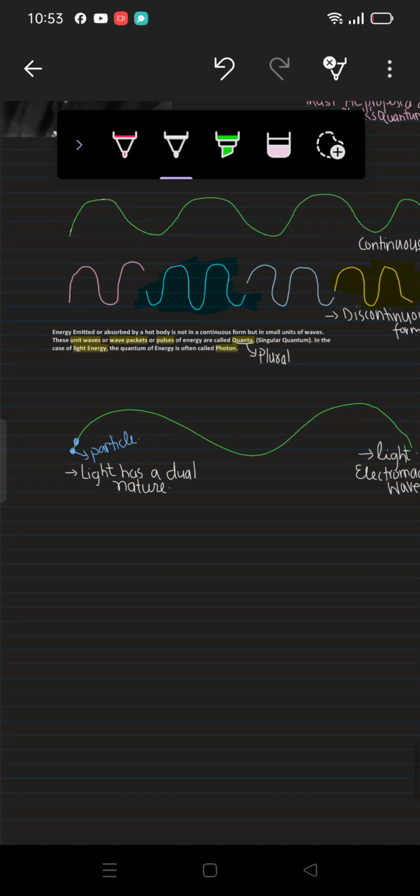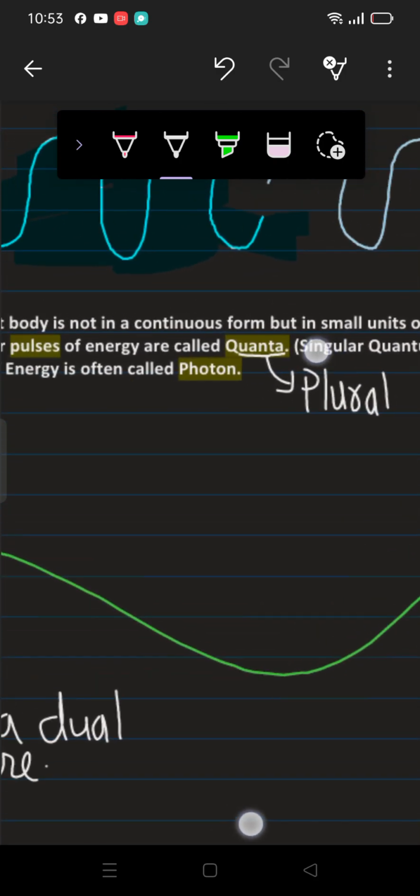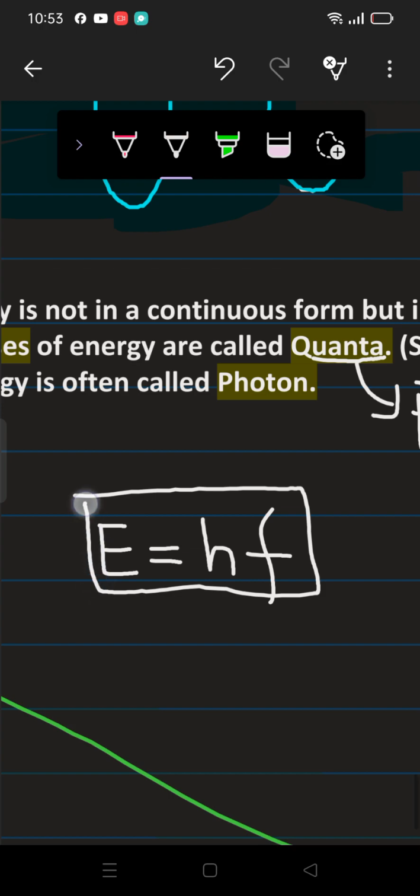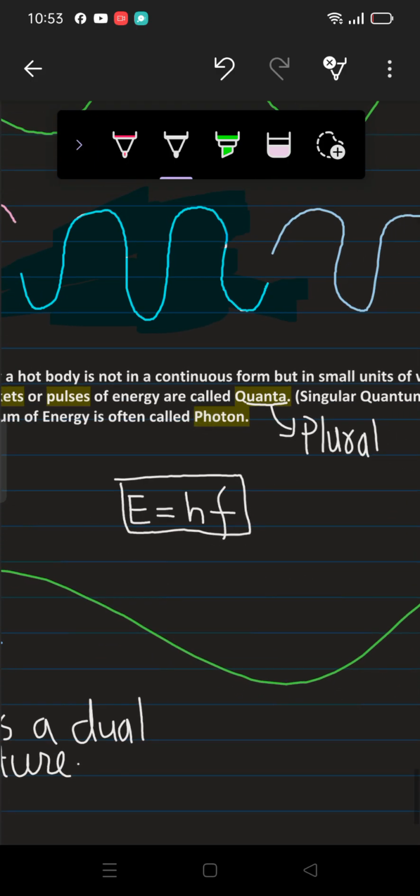And he said that you can find the energy of this wave by what? We know that E is equal to h c upon lambda, right? So c upon lambda is also known as frequency. You can write h nu, because nu is the symbol used for frequency, but E = hf is the expression used for finding the energy.